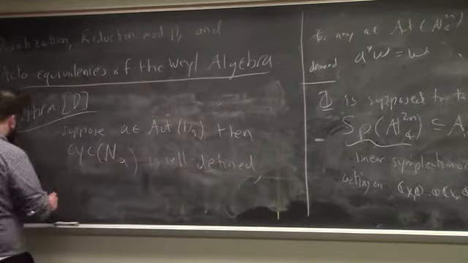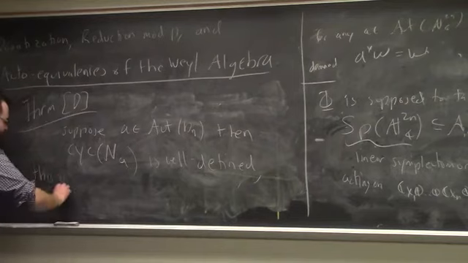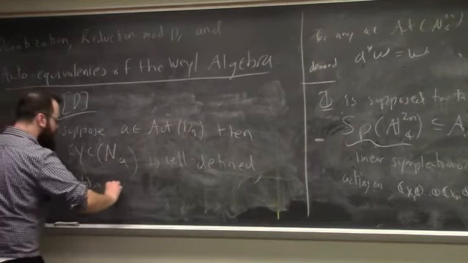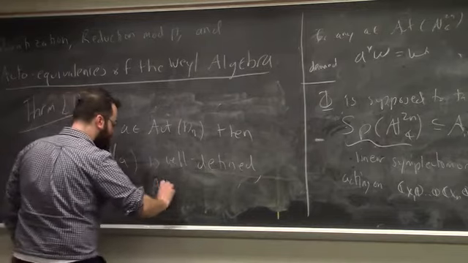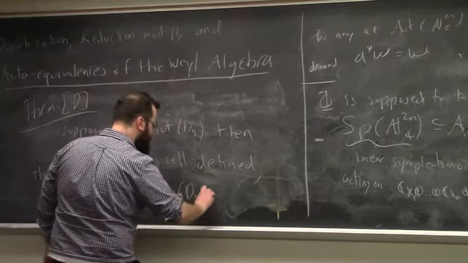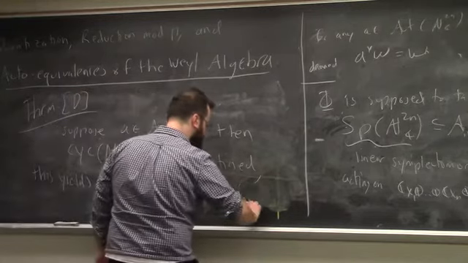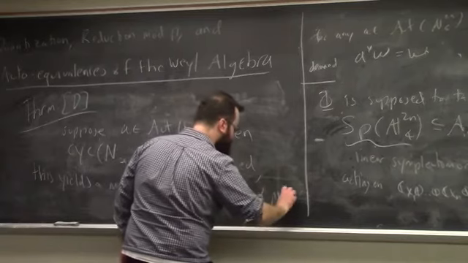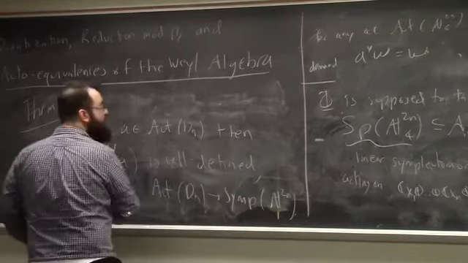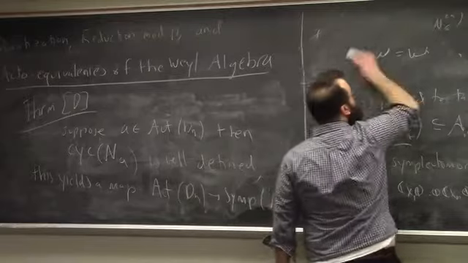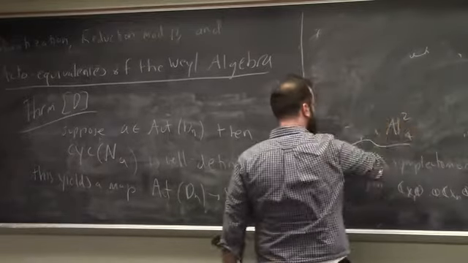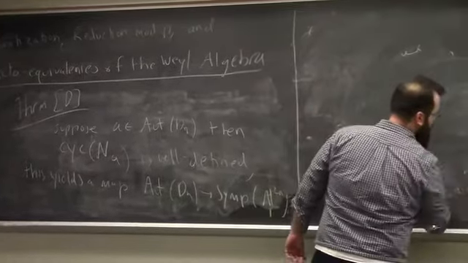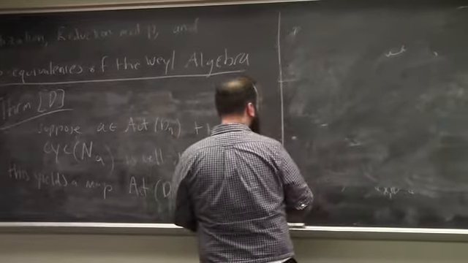And this yields a map from the automorphism group of Dn to the symplectomorphism group of A2n. So this map is onto. I don't quite know if it's injective.